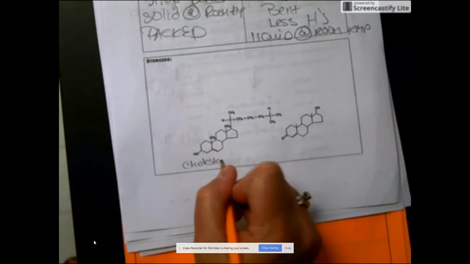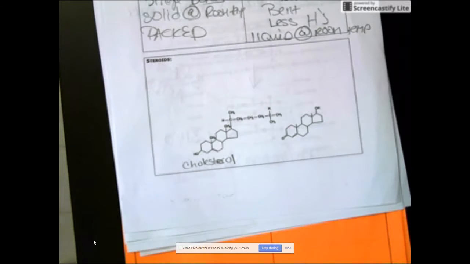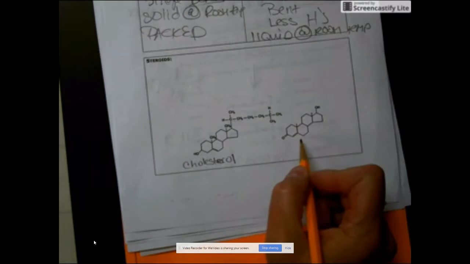The molecule on your left is a cholesterol, and that's a type of fat. And the molecule on your right is a derivative of cholesterol. It's found in high amounts in males, especially adolescent males. That's testosterone.